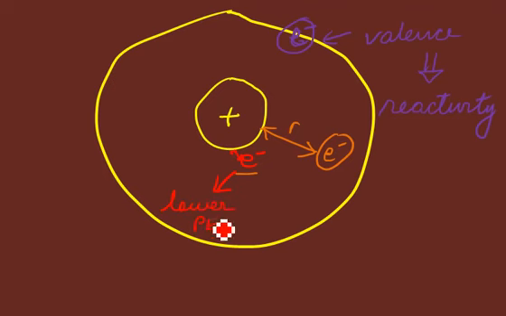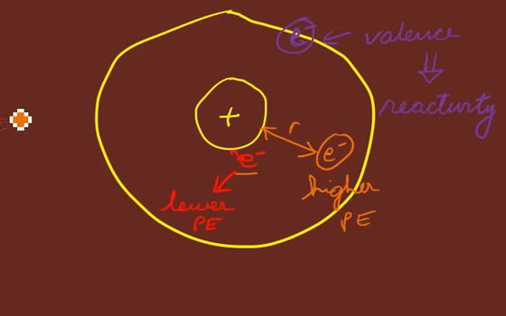Because it does not have that much potential. The distance is too short. Whereas this electron here has a larger radius, a larger distance from the nucleus, and so it will have a higher potential energy. Okay, so that's one concept.